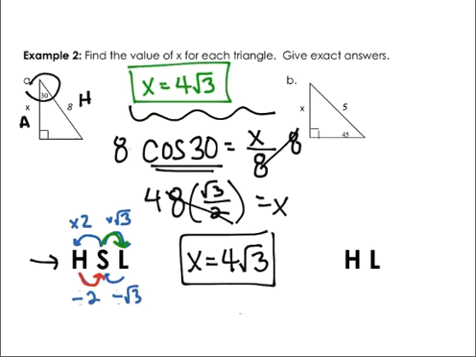Alright, let's take a look at the 45, 45, 90. Again, if this is 45 degrees, I know that this is also 45 degrees, which means that those two are the same. The rules for HSL, to get from the leg to the hypotenuse, you multiply by radical 2, or to get from the hypotenuse to the leg, you divide by radical 2.